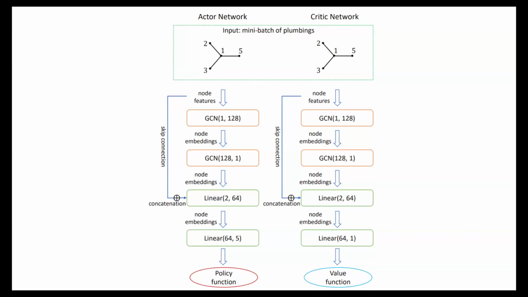So we find that GCN is enough for this A3C algorithm. The actor network and critic network have the same input, which is the current state, the plumbing graph. Then they provide the policy function and value function.